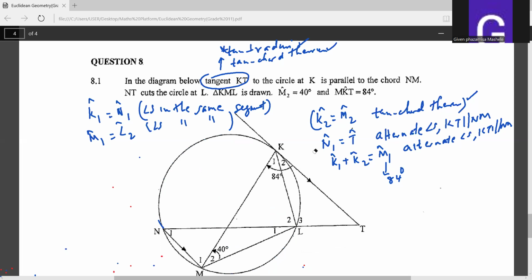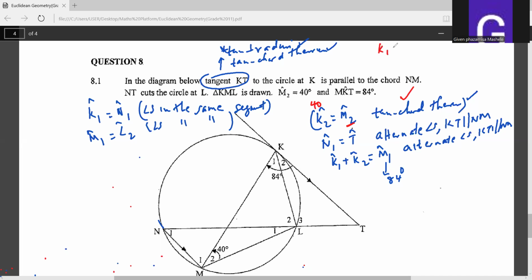Number one, we're told that K2 equals M2 by the tan-chord theorem, and they've already given us M2. M2 is 40, so K2 is also 40 degrees. And if K2 is 40 degrees, we know K1 plus K2 is 84.